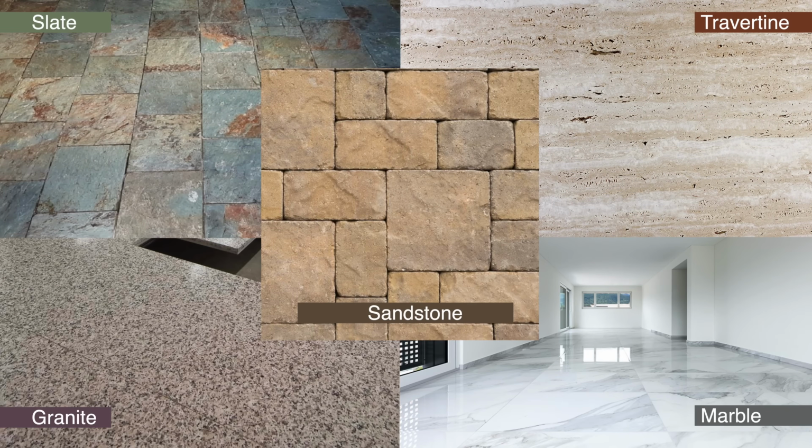Now, the costs involved in that. So in our natural stone category, we have slate, we have travertine, we have marbles, we have granites, we have sandstone. The costs themselves will be in the purchasing of those stones. So the more desirable the stone, the higher the cost is going to be.